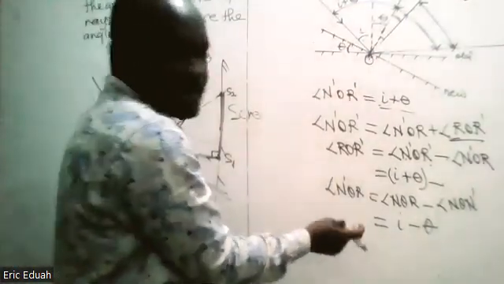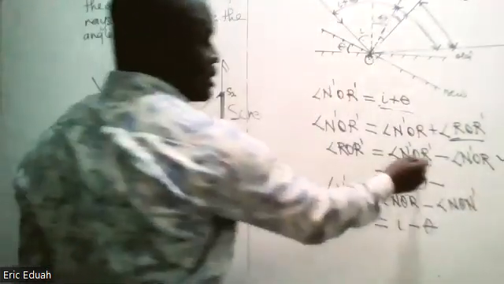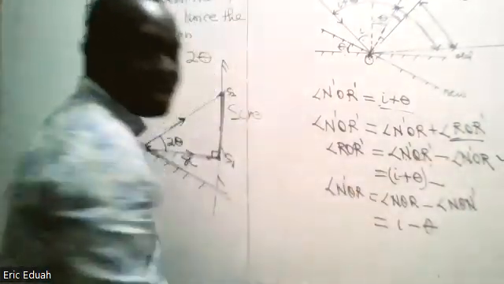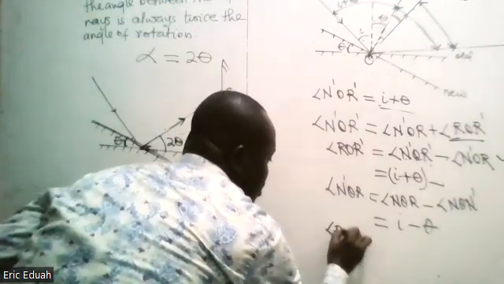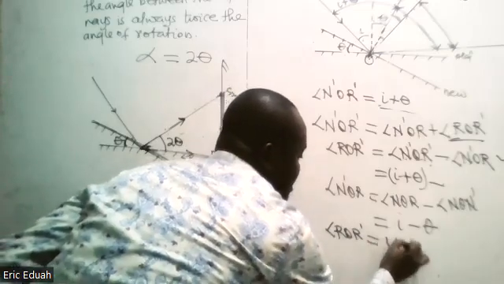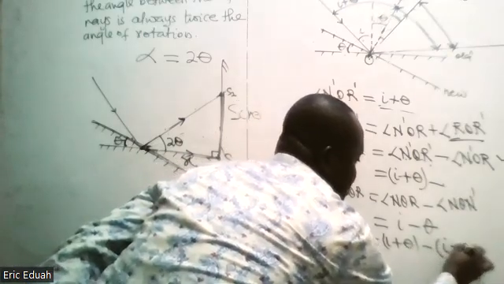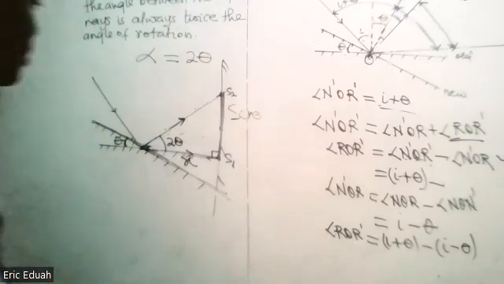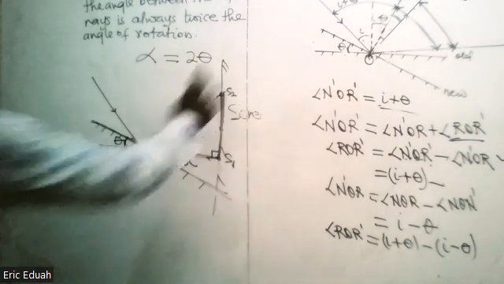So I can substitute this into this equation to find the angle between the reflected rays. So angle R O R prime is therefore equal to I plus theta minus I minus theta. The road is now straight for me to determine whatever I'm asked to.